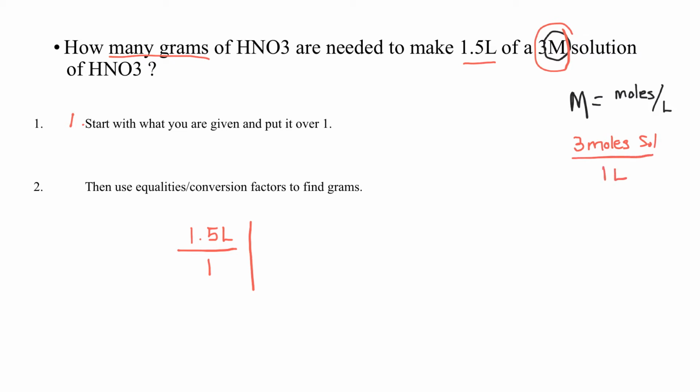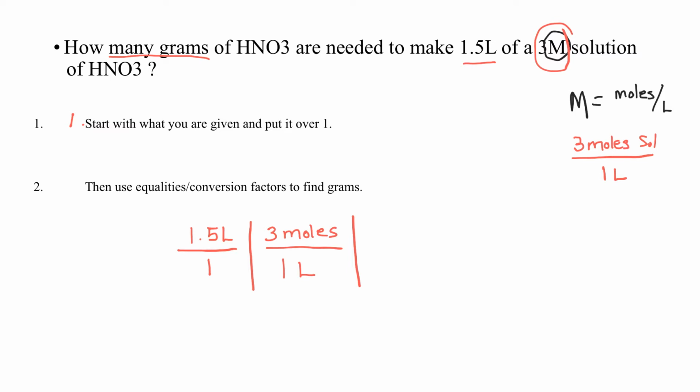And so the first thing I'm going to do is use that as my conversion factor, because then I can cancel out liters. So 3 moles over 1 liter. Okay. Now, how do I get from moles to grams?